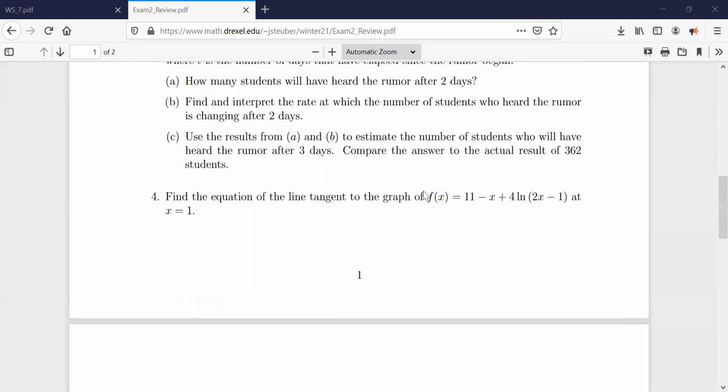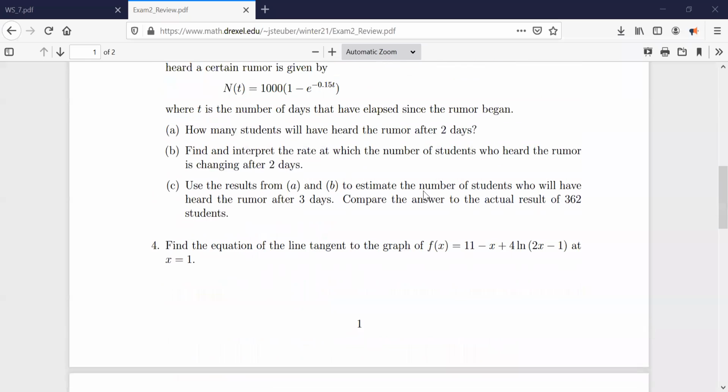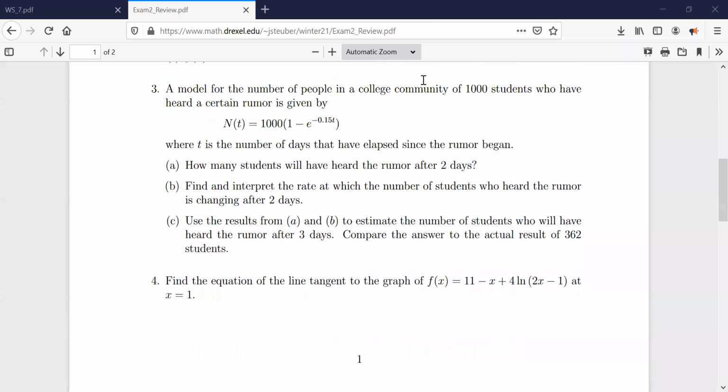So find the equation of the tangent line of this graph. For the line, you need two things: a point and a slope. For the point, you get the x naught, y naught, which is equal to 1 comma f of 1.